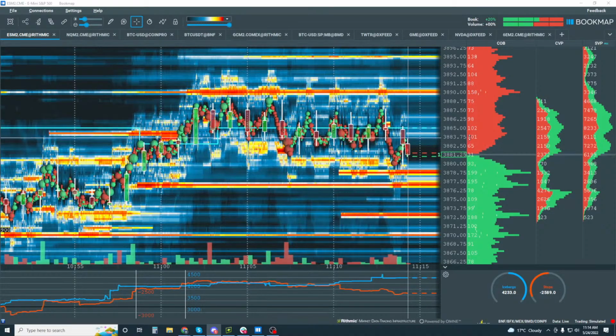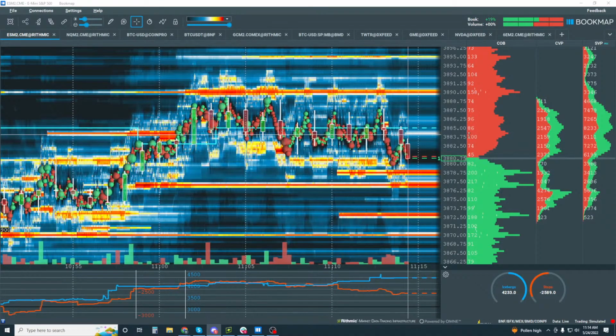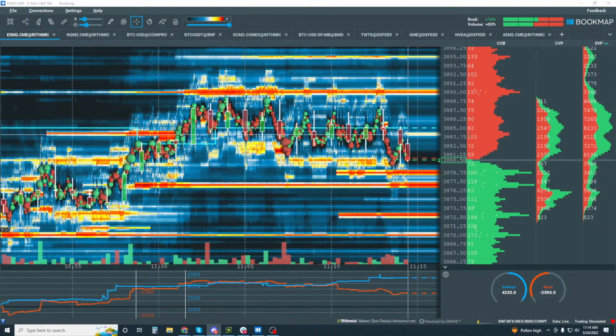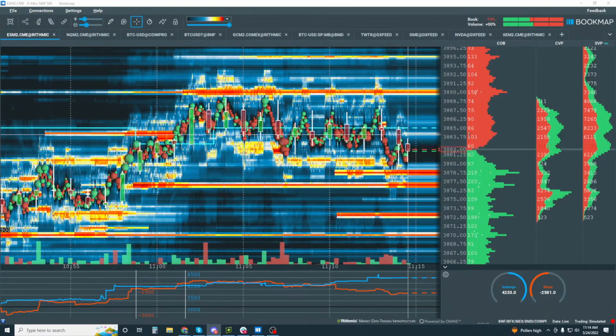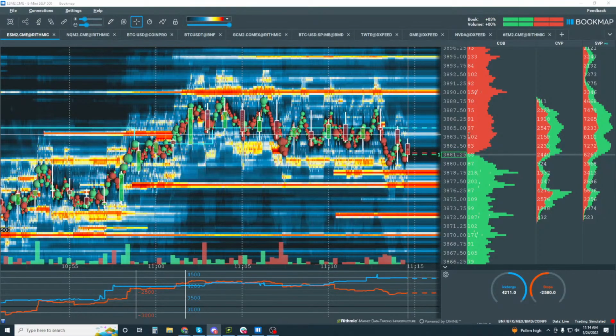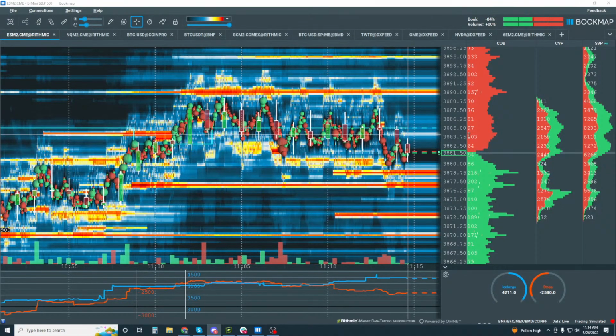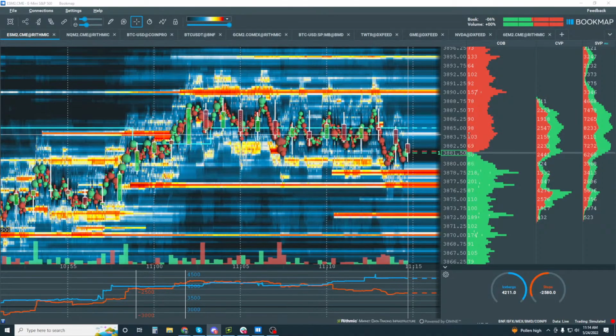What's a stop run? It's when you see a sweep of the order book and it's nothing but stops. And likely that is people getting stopped out of their position. When you place your order, you are usually placing a protective stop to exit the market.